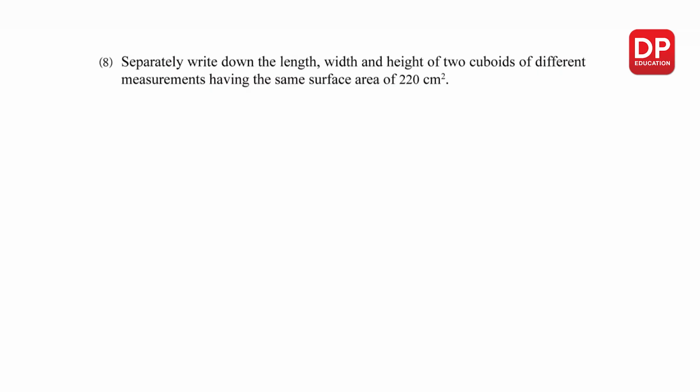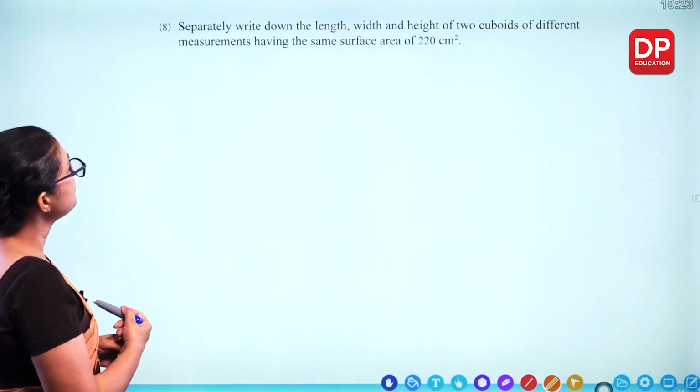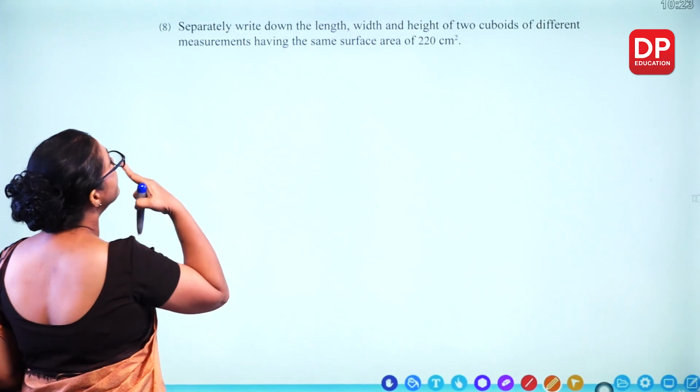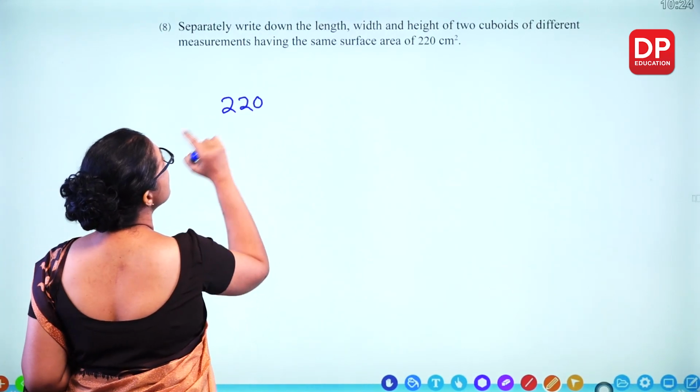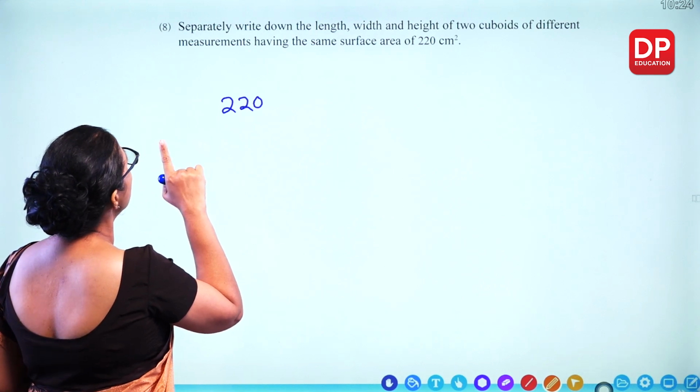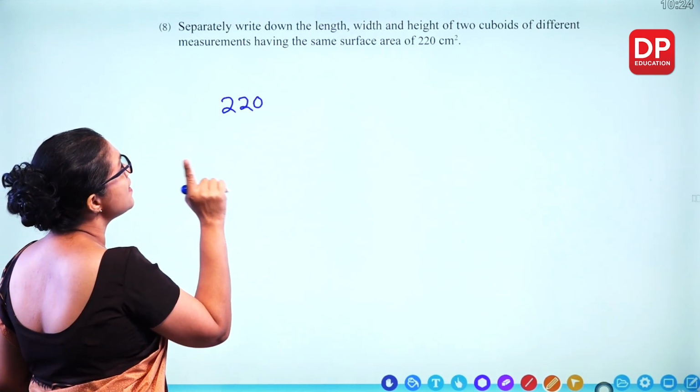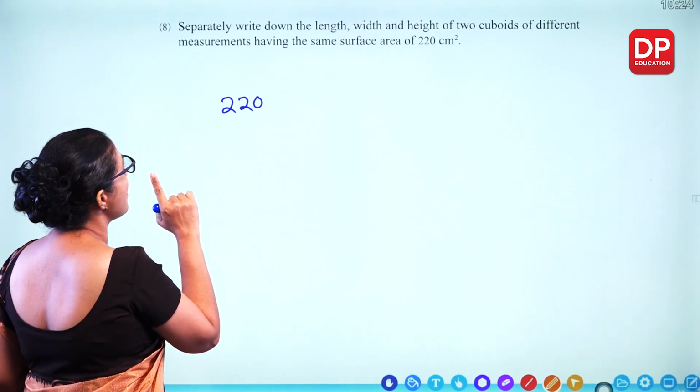Question number 8. Separately write down the length, width and height of 2 cuboids of different measurements having the same surface area of 220 square centimeters. So, 220 square centimeters is the surface area.